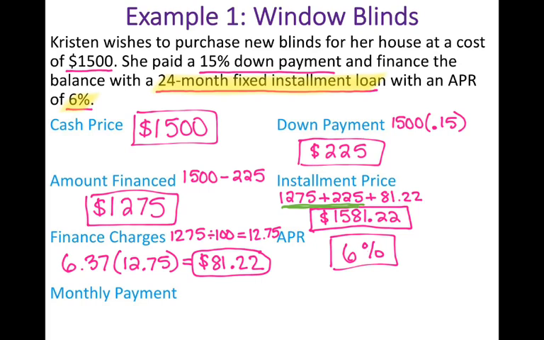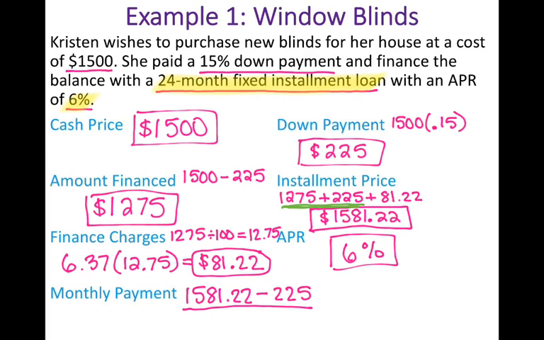So the monthly payment is going to be your installment price, which was $1,581.22, minus the down payment, because you're putting that money up front for your particular purchase, divided by the number of months that this loan is taking place.